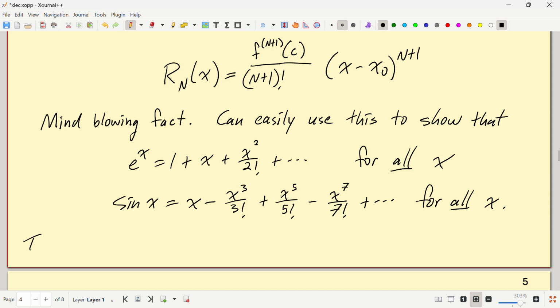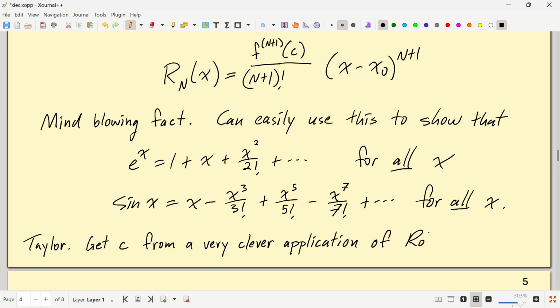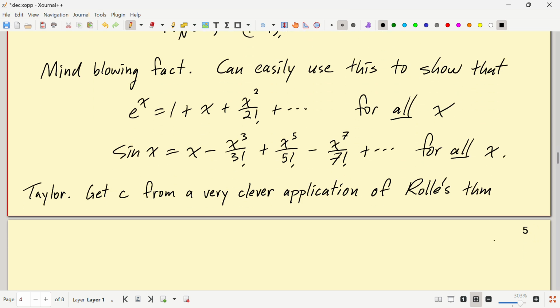So Taylor, we get C from a very clever application of Rolle's theorem applied to a very clever choice of a function.